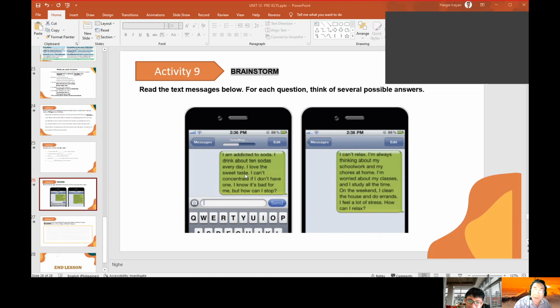10 sodas every day. Imagine, count 10 every day times 5 days. How many is that? 50 per week, and that's just for 5 days. What about 7 days?